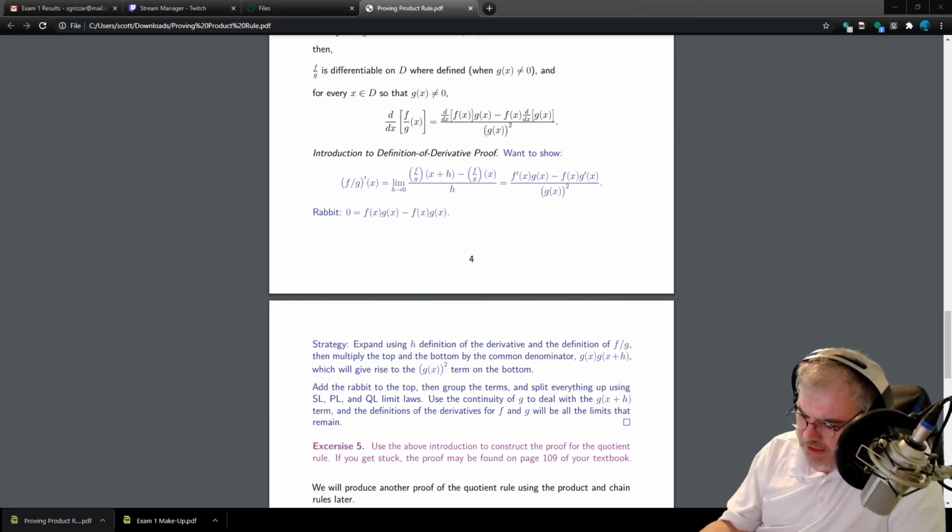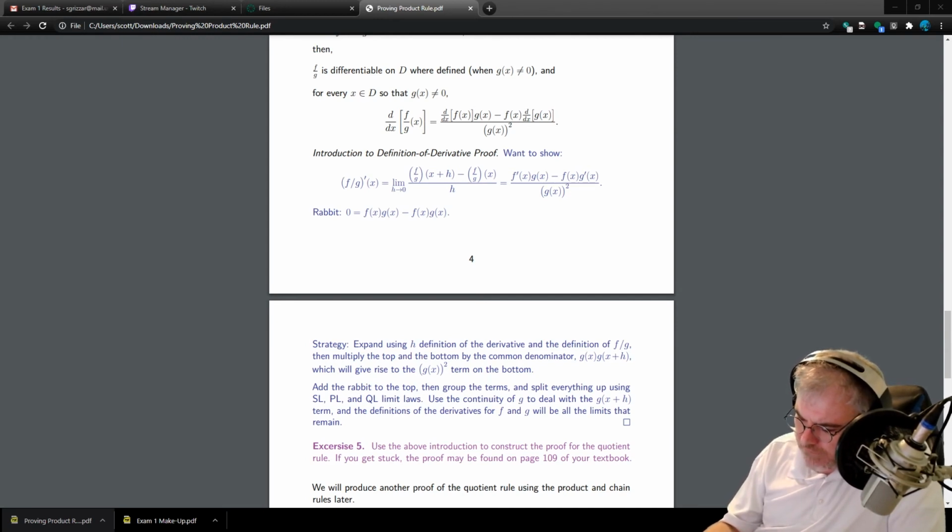Let f and g be functions defined at x. This one has two conditions: f and g are both differentiable at x, and g of x does not equal 0.